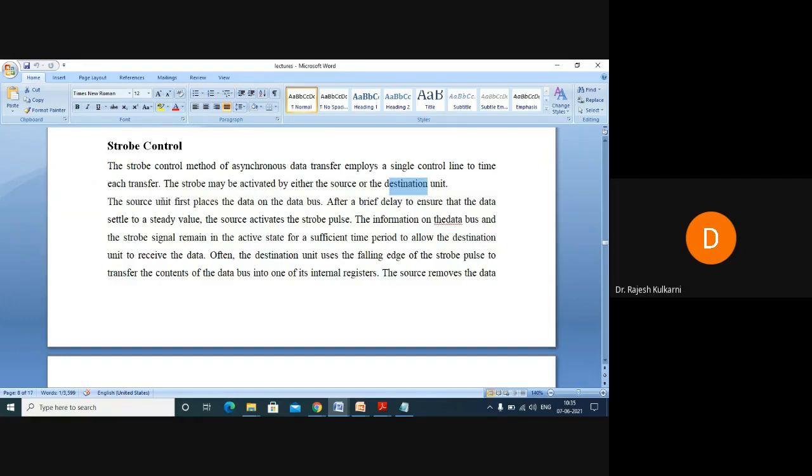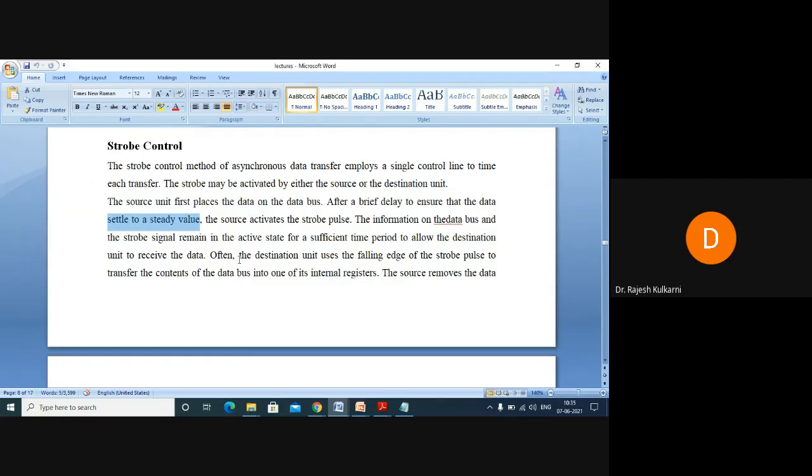Now, the source unit places the data on the data bus. So the first thing which happens is the source unit puts the data on the data bus. Then there is a delay. This delay is used so that the data settles down to a steady value.